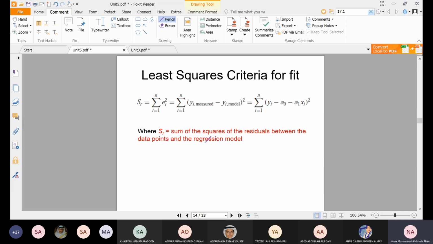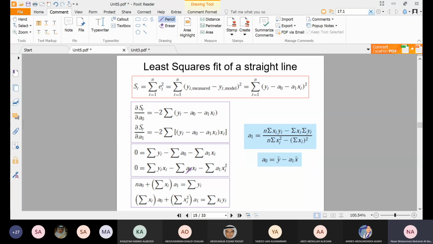And Sr is the sum of the squares of the residuals between the data points and the regression line, or this is the estimation that we have. So to have the best fit, as we said, we need to minimize the error with respect to the parameters that we need, by using partial derivatives. So we take the partial derivative of the error with respect to A0 and equate it to 0.